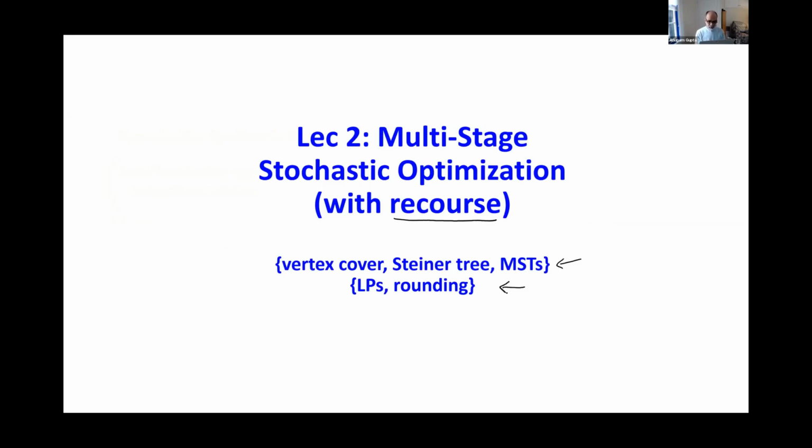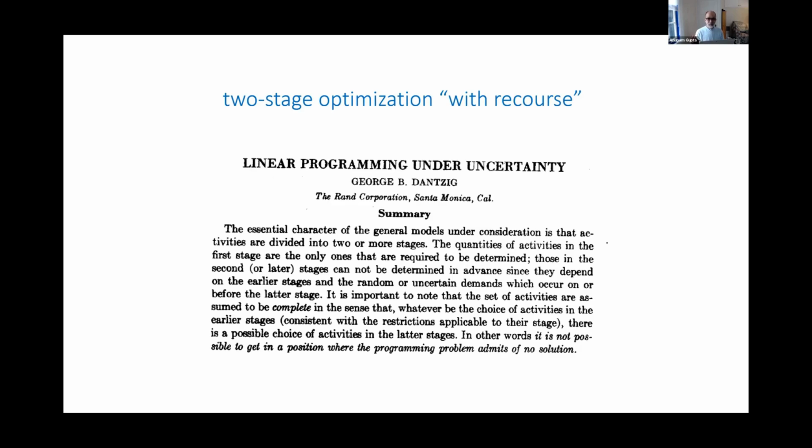This model is perhaps best explained by the introduction to the paper that introduced it. This paper is by George Dantzig from '54 or so, and you can read it here.